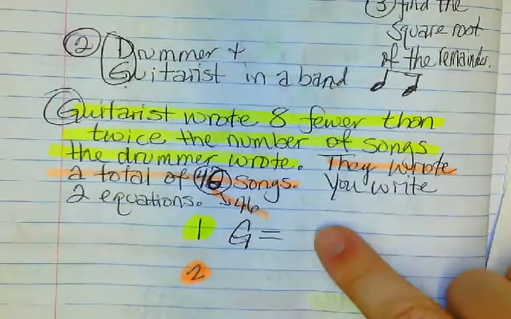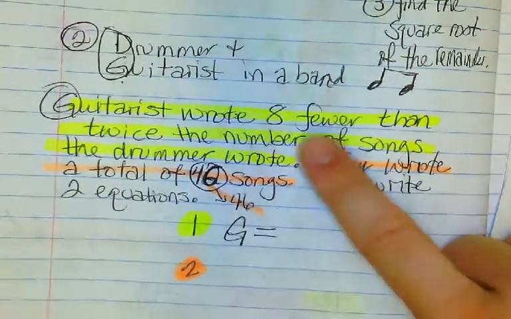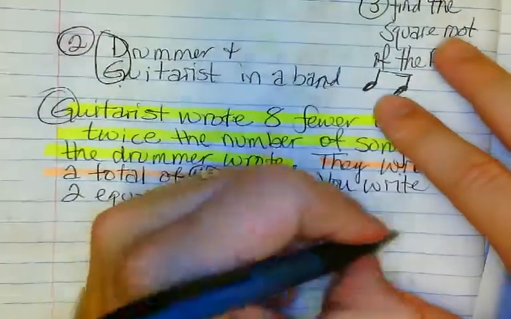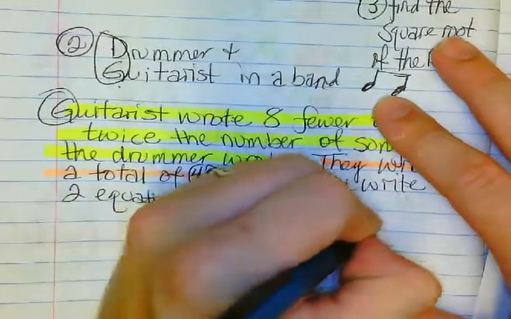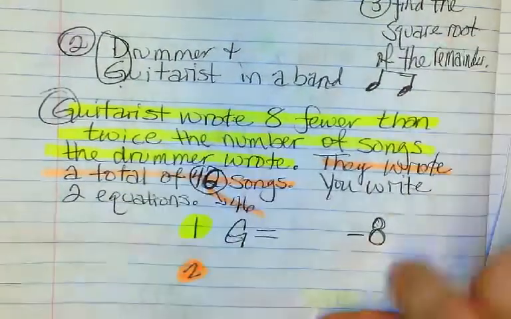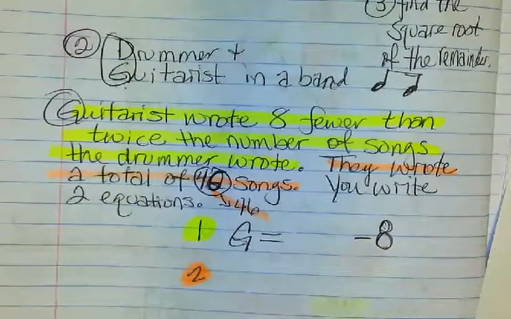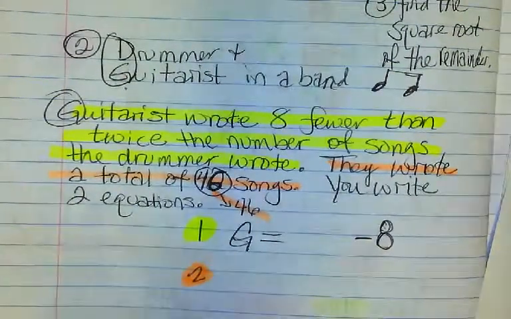And then we know that they wrote 8 fewer. So we're going to write 8 fewer in our equation. Here's our 8 fewer.